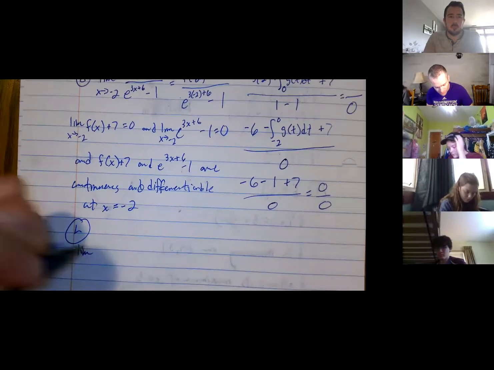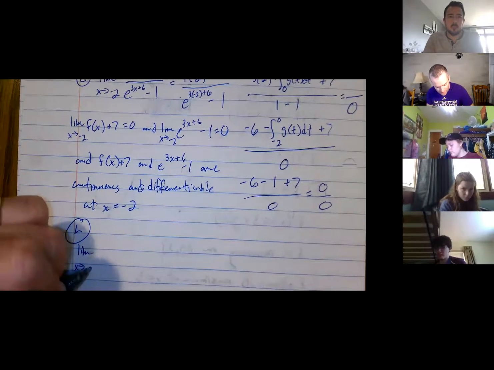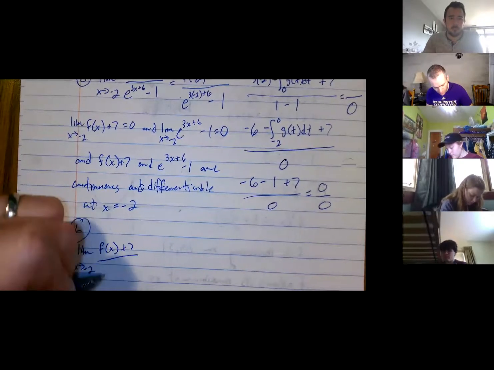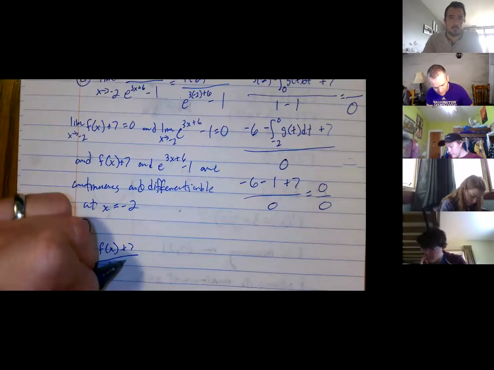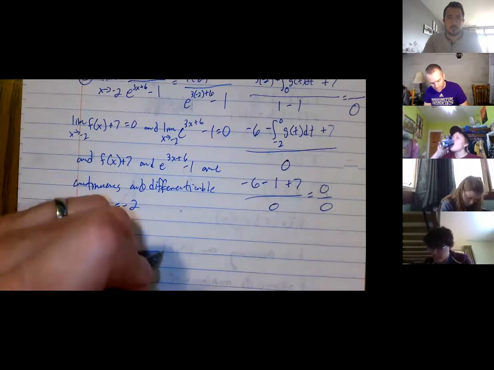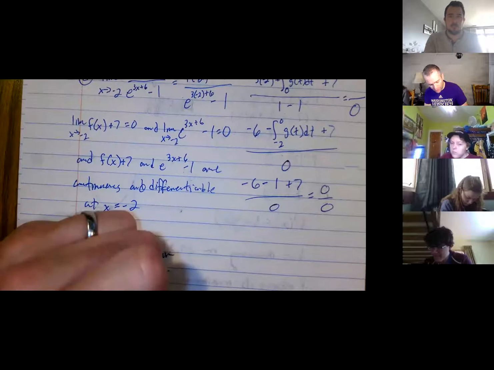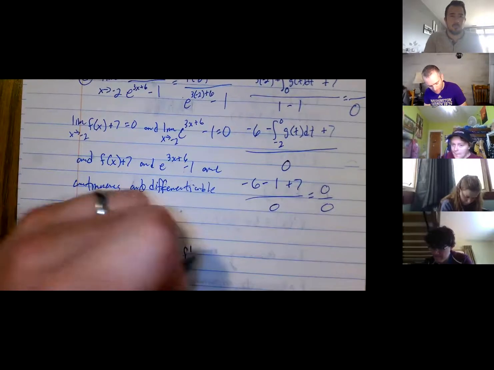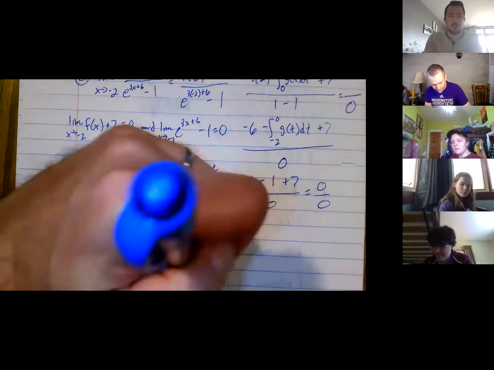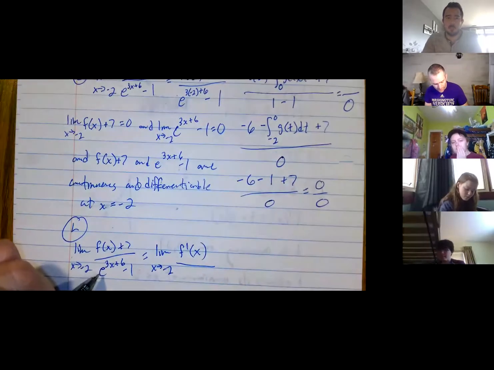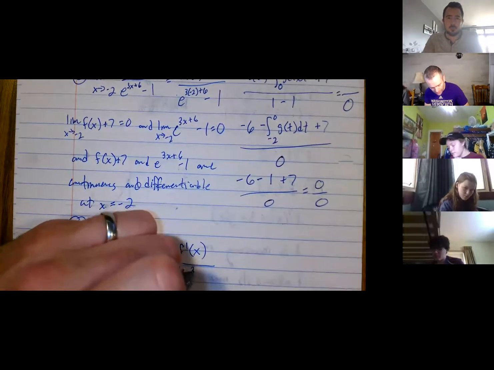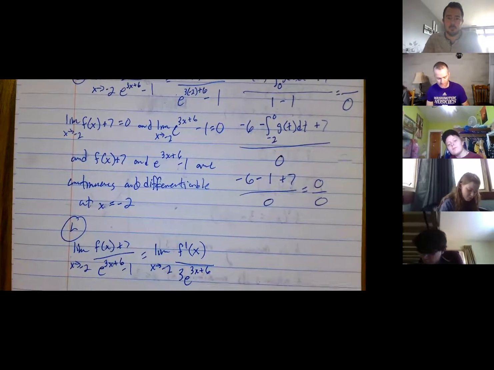So L'Hopital's rule says that the limit as x approaches -2 of f of x plus 7 over e to the 3x plus 6 minus 1 would then equal the limit as x approaches -2 of f prime of x, plus 0, divided by the derivative of e to the 3x plus 6 minus 1, which would be 3e to the 3x plus 6 minus 0, right?